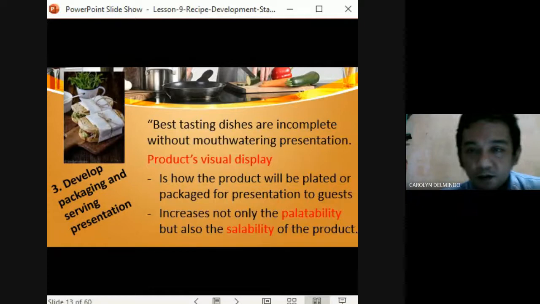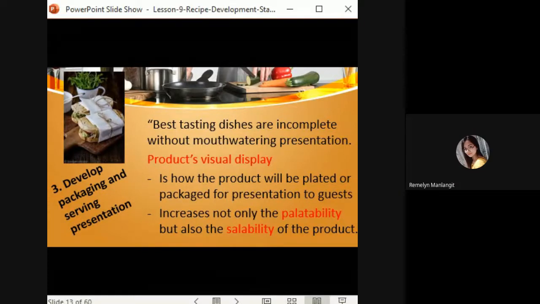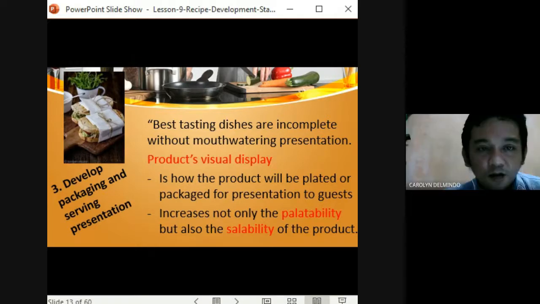Okay, thank you. Increases not only the palatability but also the sellability of the product. Okay, the third one is all about packaging and serving presentation.